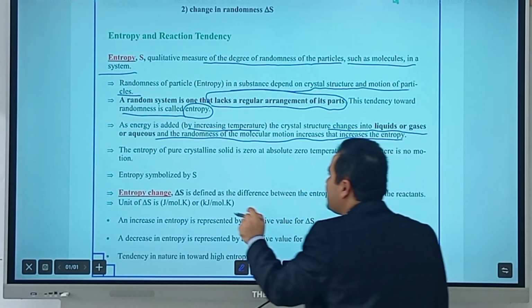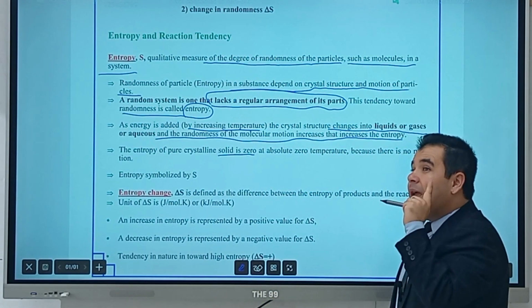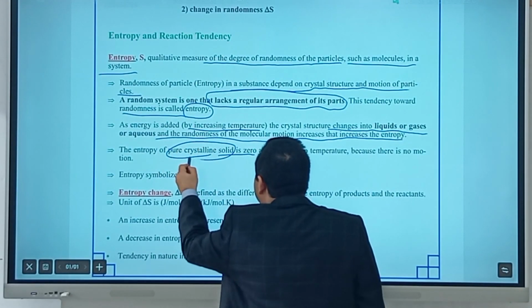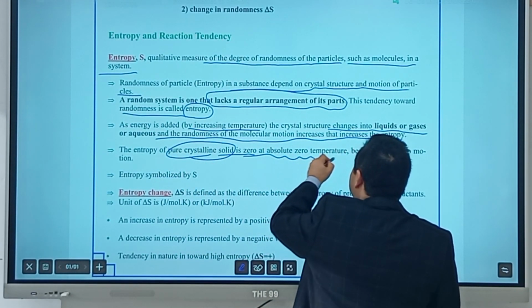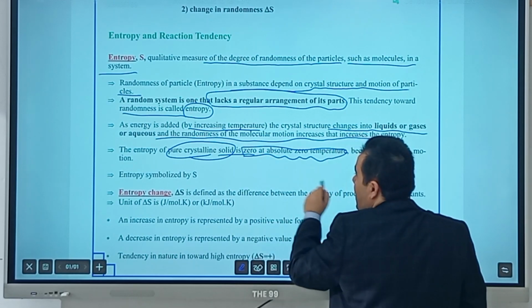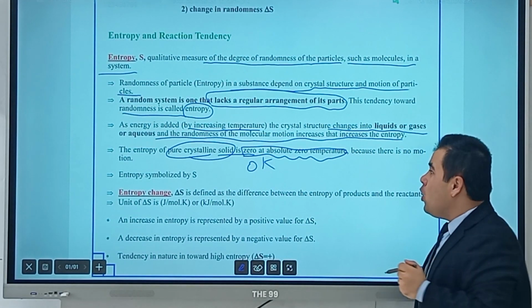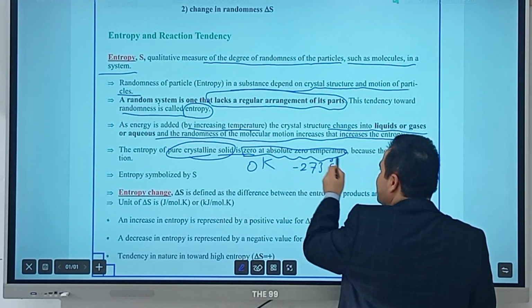We have to know that the entropy is zero when a pure crystalline solid is at absolute zero temperature. Absolute zero is 0 Kelvin, guys, or minus 273 Celsius.